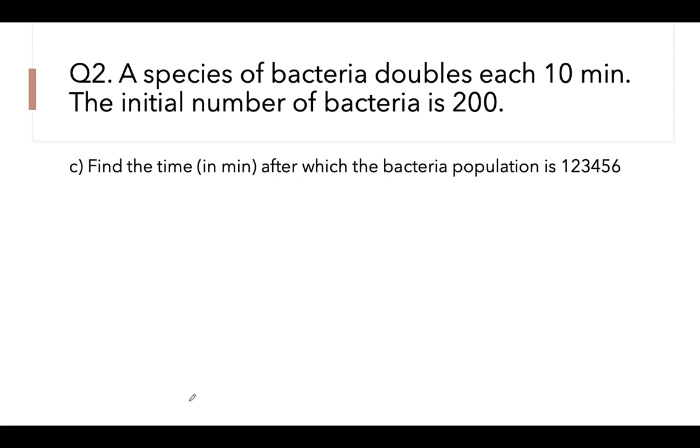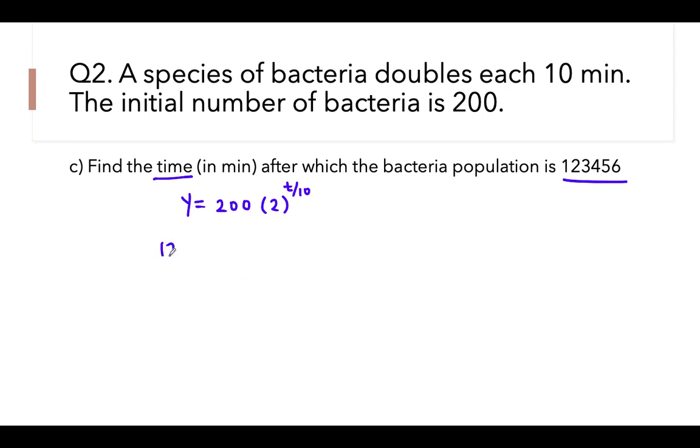Letter C. Find the time. This time we're given the population, so this is my final population. Let's plug it into the formula. We wrote down the formula to be y is equal to 200 times 2 to the t over 10.